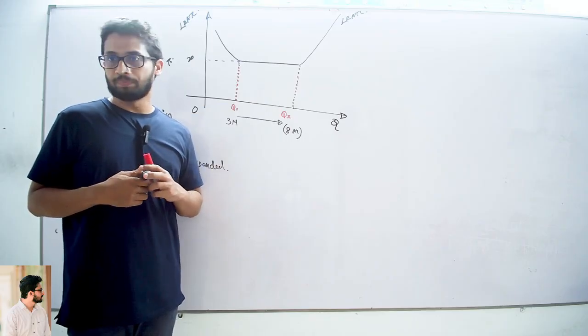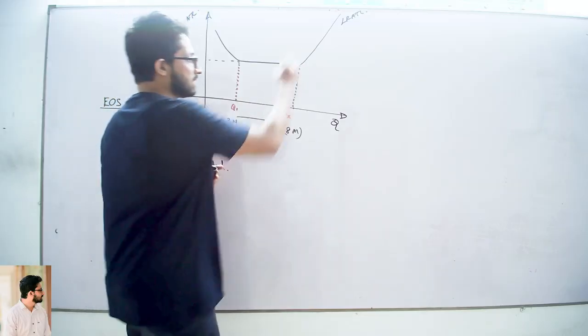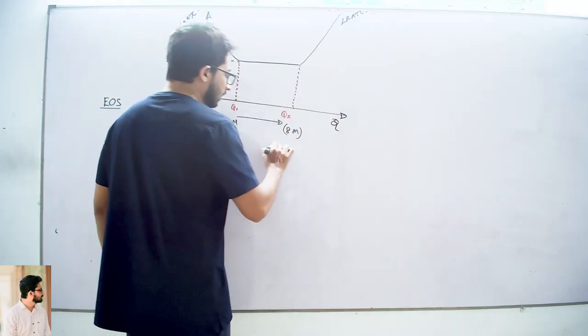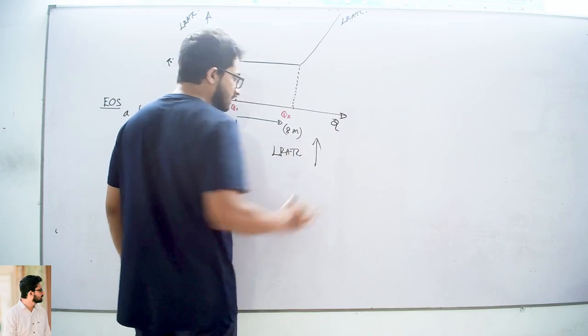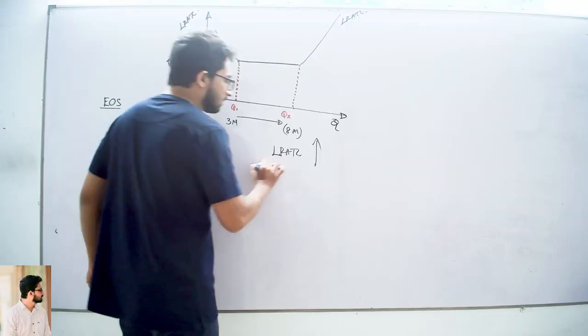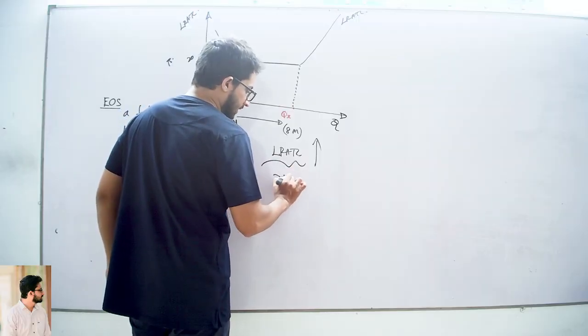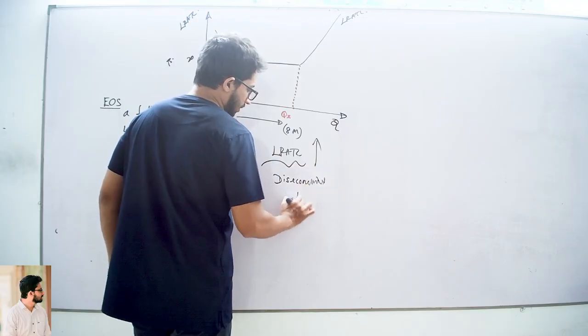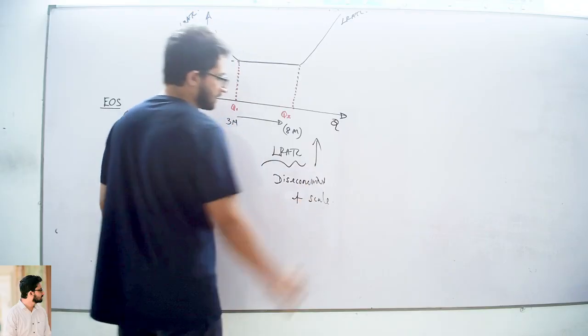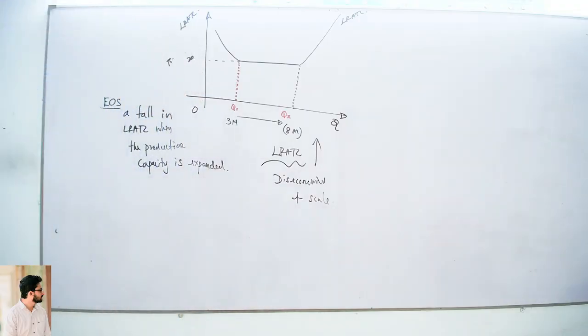That is not good. So this is called diseconomies of scale. When LRATC starts to rise, that is called diseconomies of scale. This is what I discussed last day.